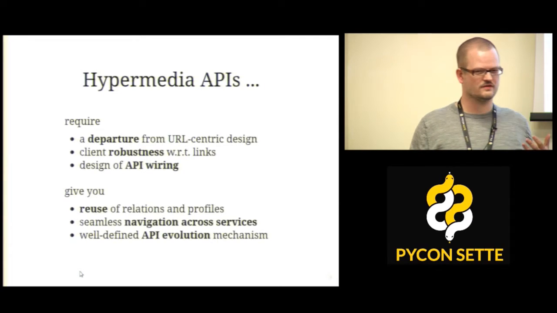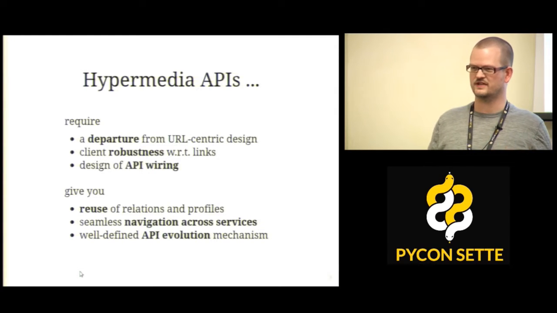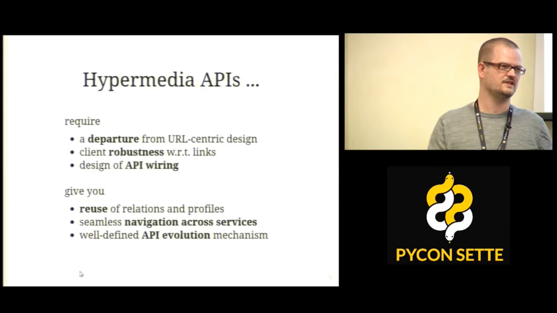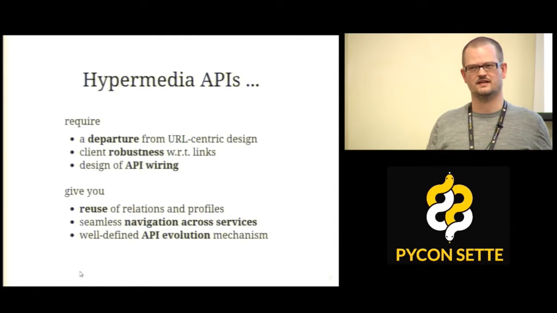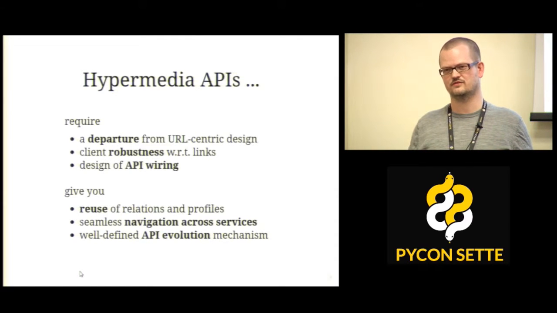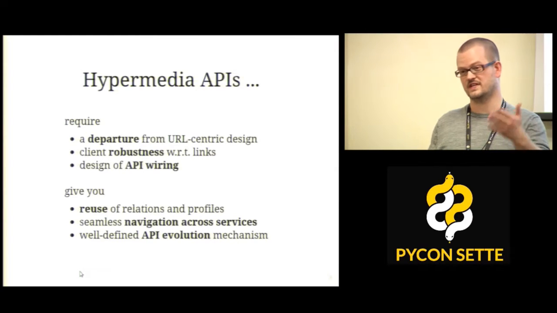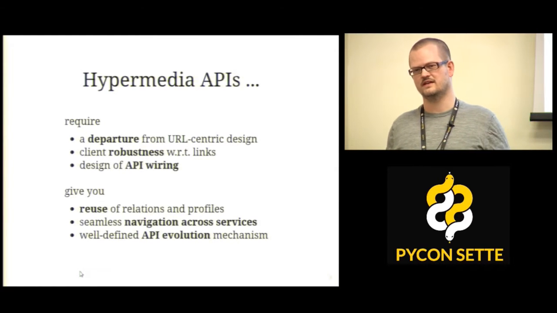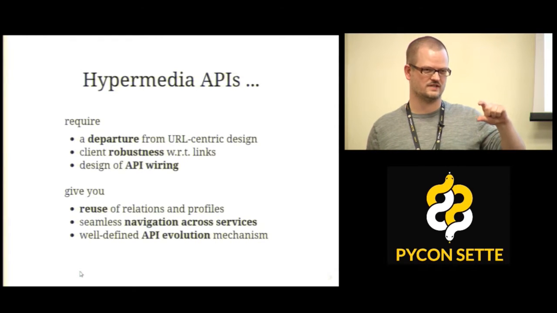But they give you reuse of information, of types, of profiles and relations. So like I said, you're really describing a protocol. And there are many Hypermedia and HAL APIs already available. If they use relations, you can reuse the same relations if you need them. And then a client who understands this relation doesn't have to be reprogrammed for that particular part.